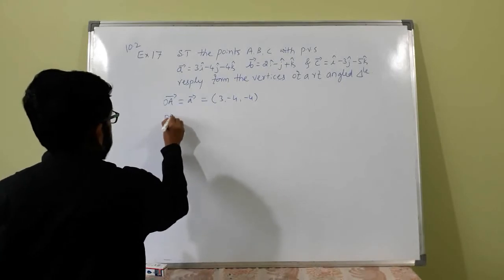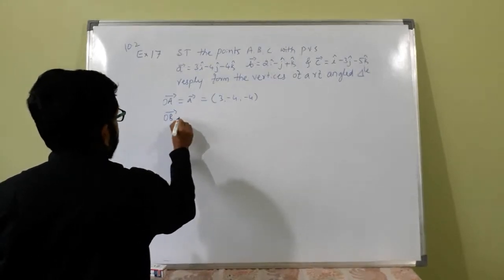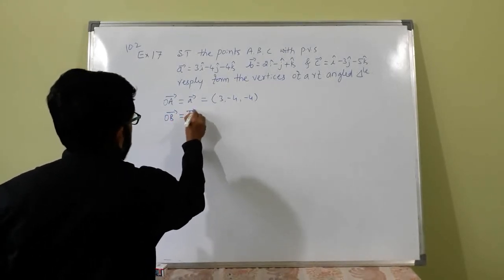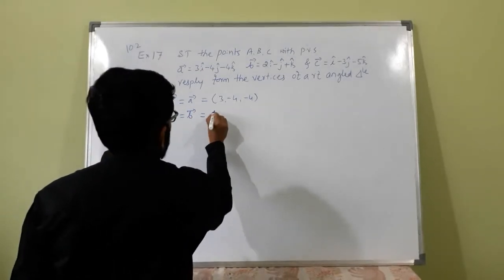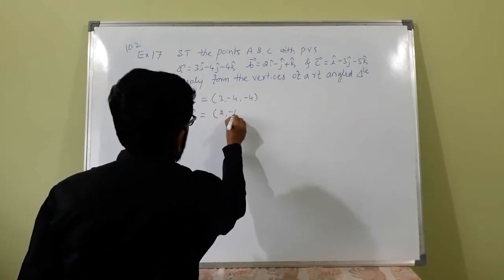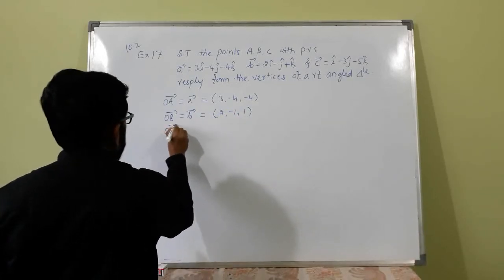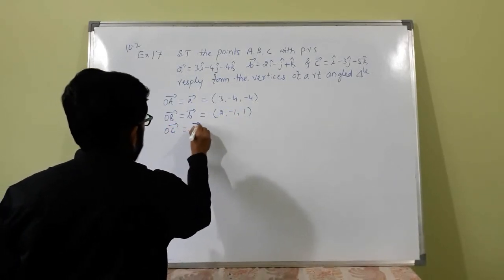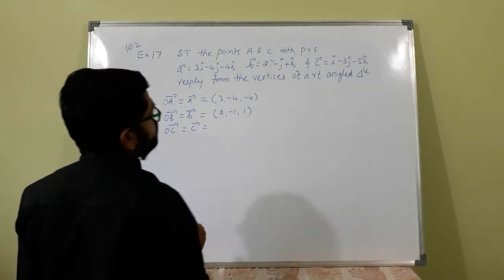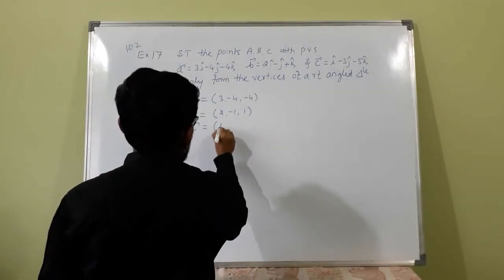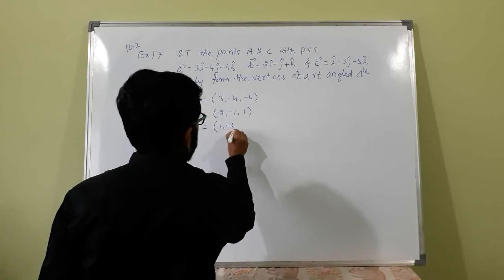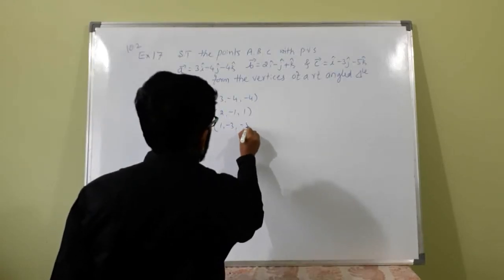OB, the position vector of point B, is b, that is 2, minus 1 and 1. OC is c, that is 1, minus 3 and minus 5.